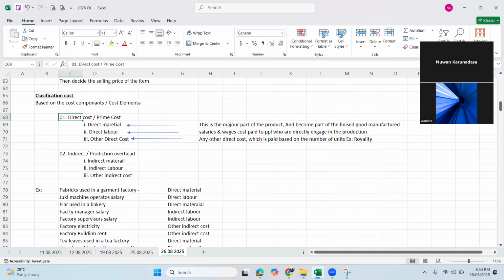So this classification is very important. Remember, the examiner will test this classification in your examination. Here the purpose is to prepare the manufacturing cost statement, then calculate the cost per unit, right? Examiner will test definite questions on this area. So practice as many questions as possible.